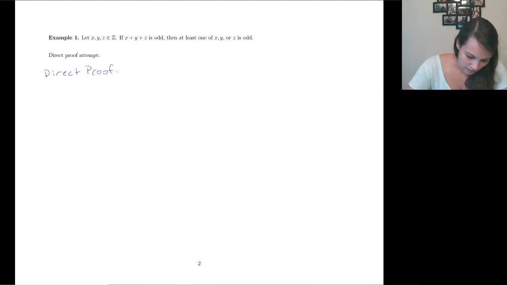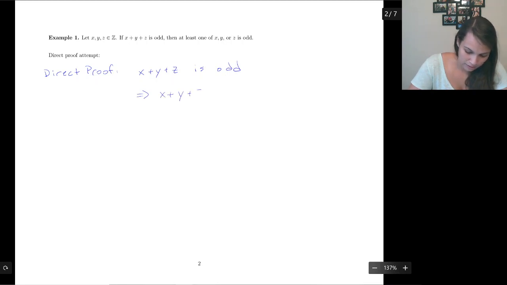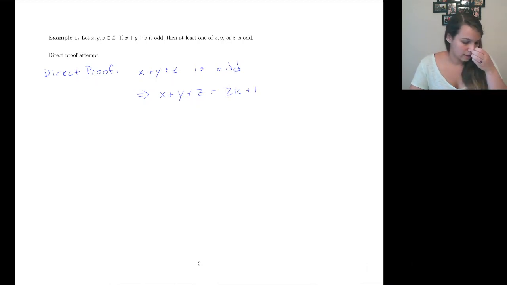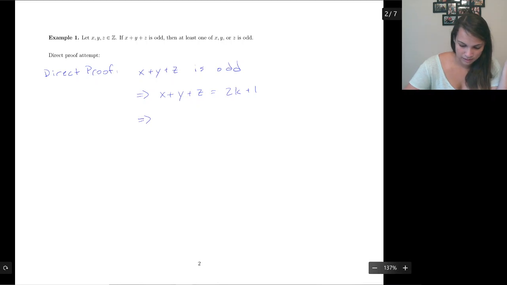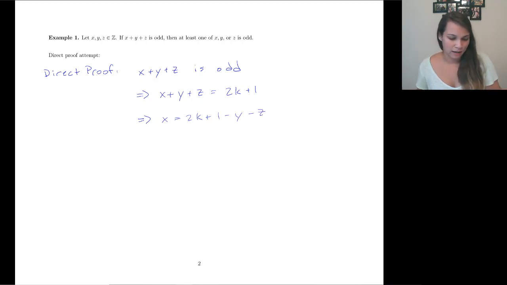Okay. So let's see what happens. We say x plus y plus z is odd, and then we can apply the definition of odd. x plus y plus z would be equal to 2k plus 1. And then it said something about at least one, so maybe I'll solve for one of them. And now it's like, okay, x is definitely an integer still, but now what?